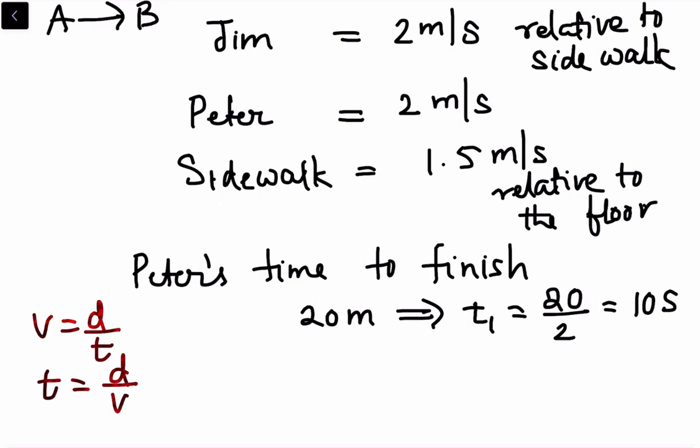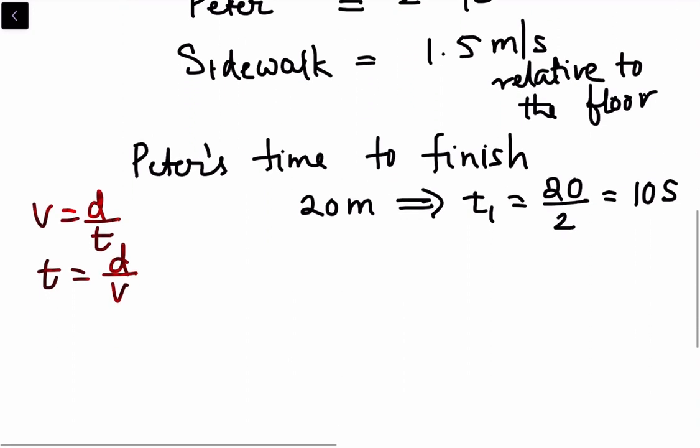Then, the one which goes on the sidewalk is going with a relative velocity of 2 meters per second.